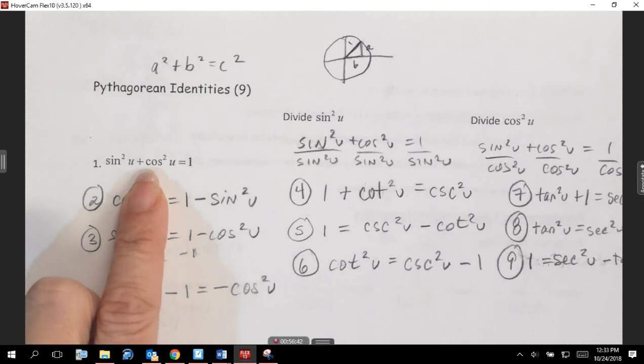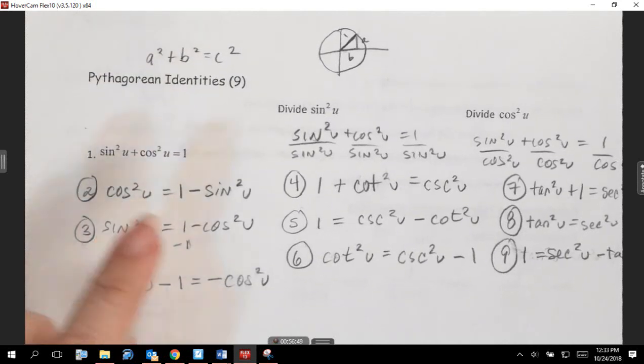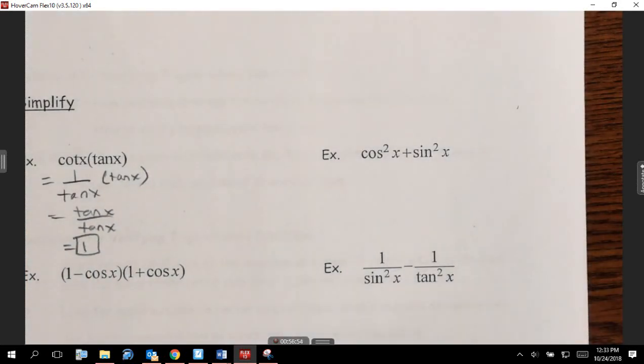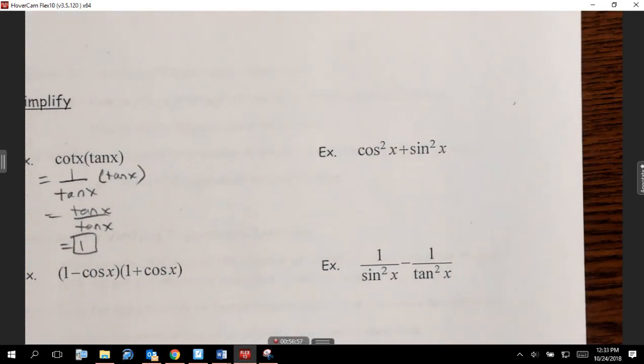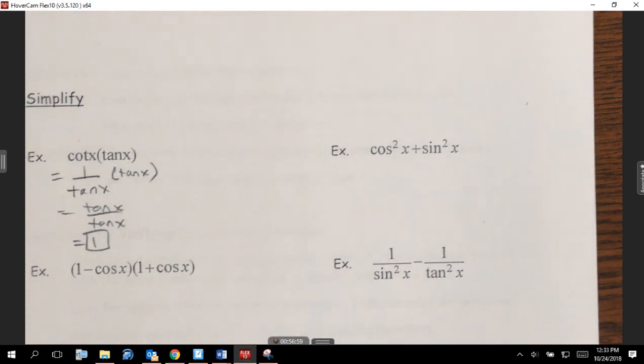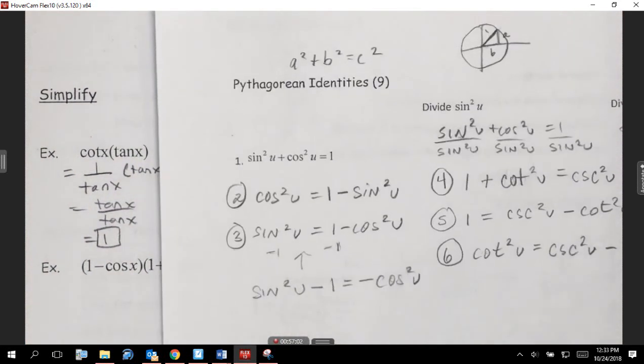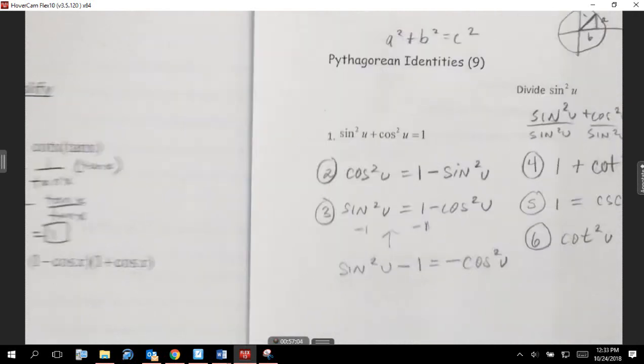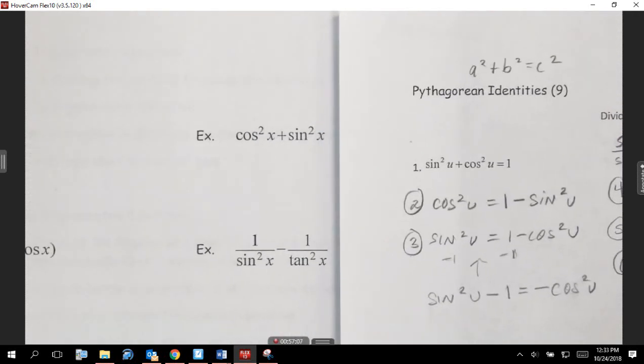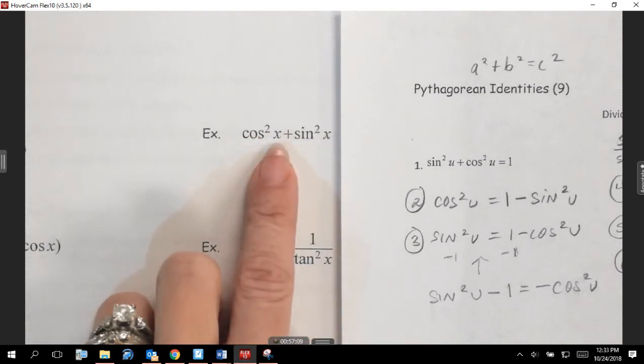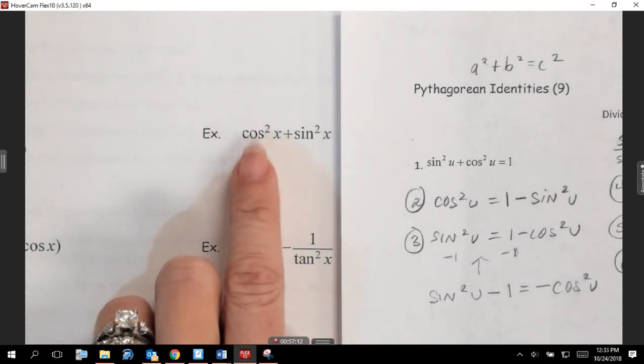You could change that because cosine squared is equal to 1 minus sine squared. Yeah, but that's not the same, it equals one. Yeah, I know. There's no equal signs over here, right? You just have to find what this equals. Okay, there's no equal signs, but you're going to simplify it.